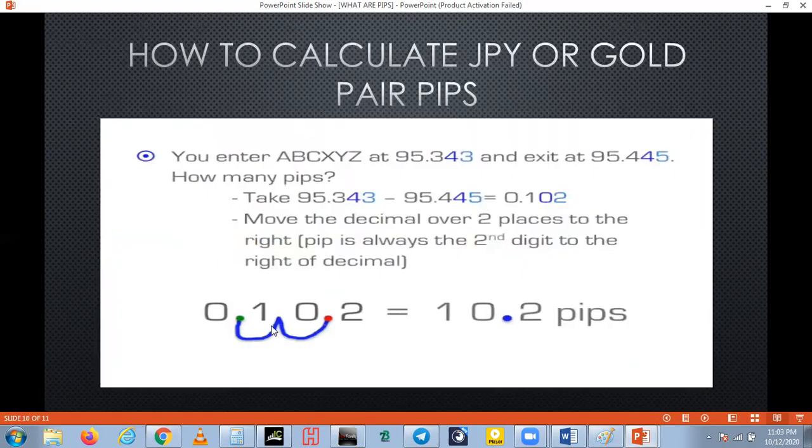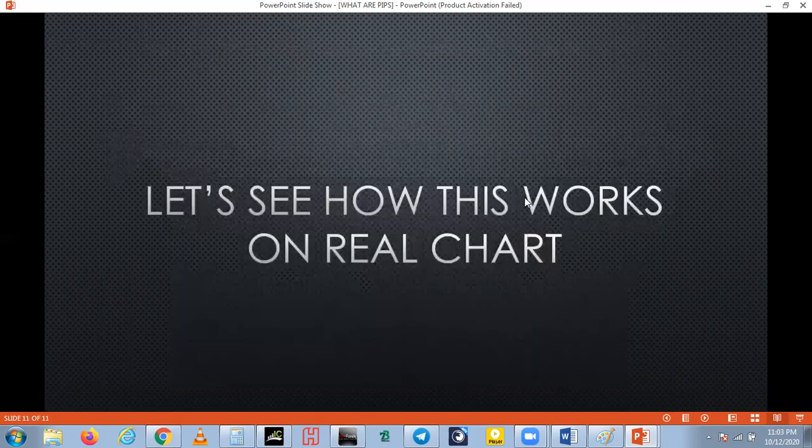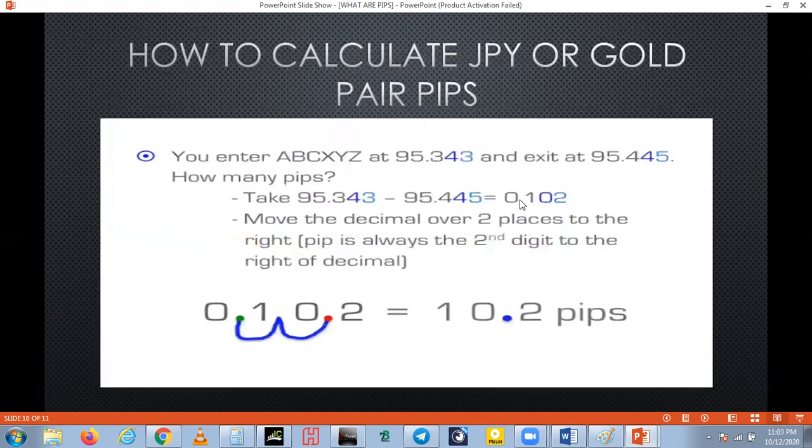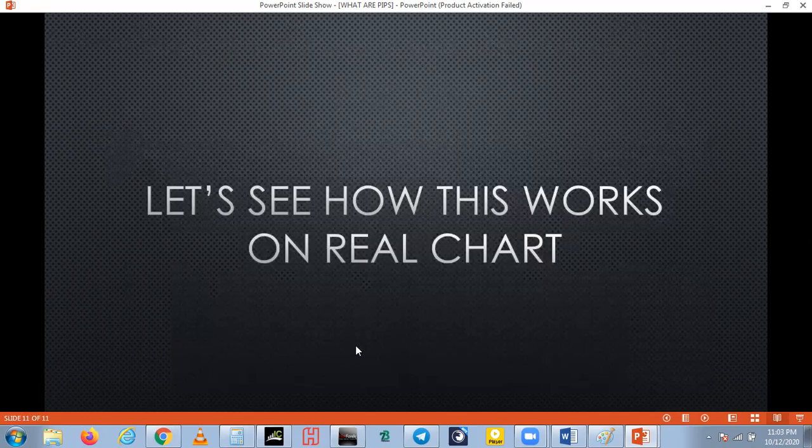This is an example for a JPY. You see, it's 3 numbers instead of 5. Minus that, you move this one by 2, then that'll be 10 pips, 2 pipettes. Let's see how that works on the chart.